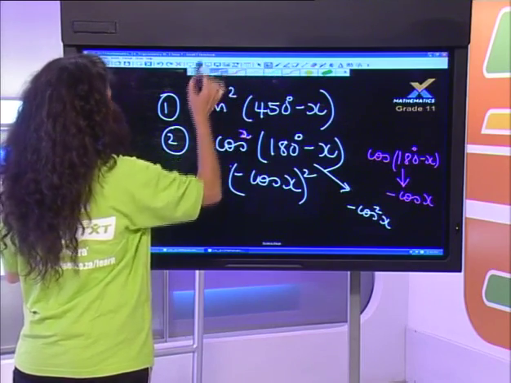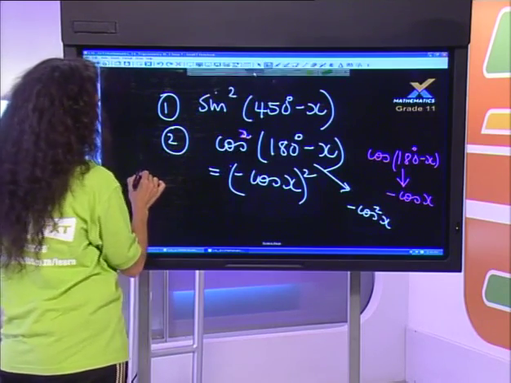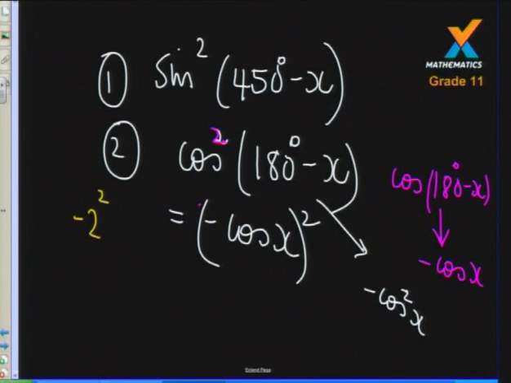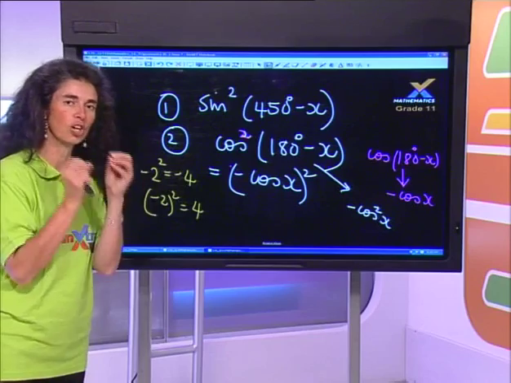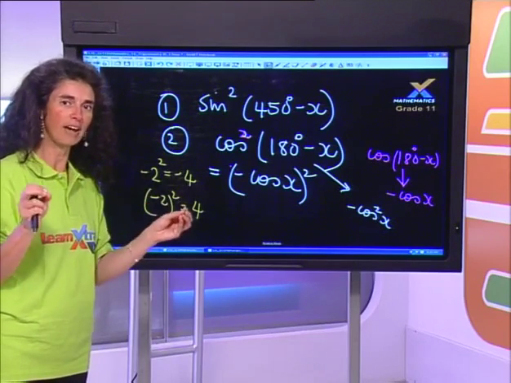If I have the number negative 2 squared and the number negative 2 all squared, does that mean the same thing? No. This is the additive inverse of 2 squared, which is negative 4, and this means square a negative number, which gives me 4. So the position of the bracket and the position of the power have an immense impact on my outcome.